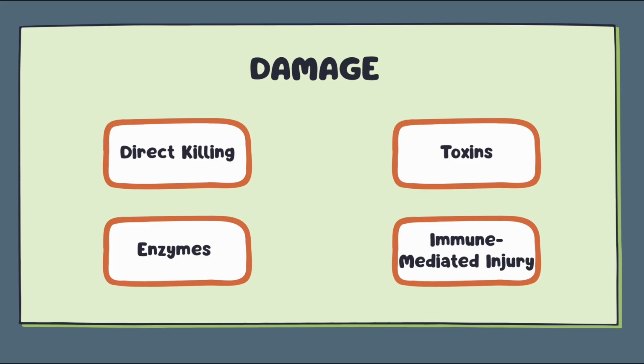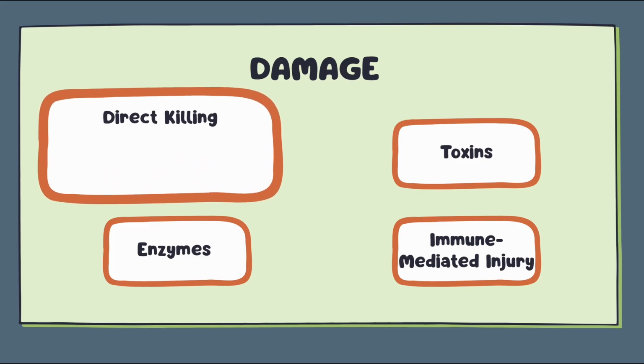And when we say direct killing, we mean that the microorganism directly destroys the cell that they infect. And they can do that in a couple ways. So there's a couple examples. We have viral cytolysis, which just means that a virus replicates inside the host cell, and then it causes the cell to rupture and die.